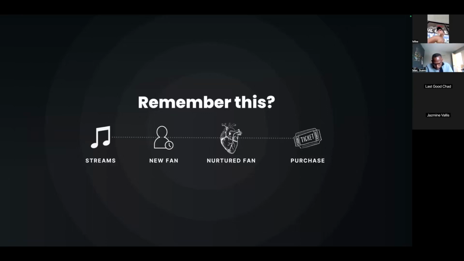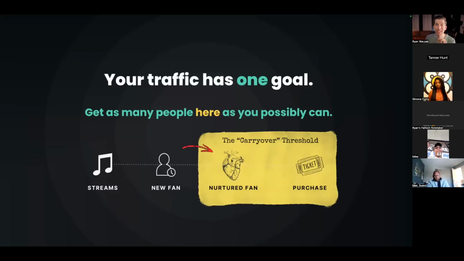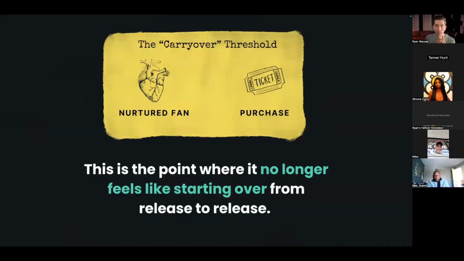And remember this, the fan journey. Your fan journey really has one goal at the end of all the traffic that you're pushing people through. And that goal is to get as many people as you possibly can inside this golden zone, where it crosses what I call the carryover threshold. I'll define the carryover threshold as the point where it no longer feels like starting over from scratch from release to release.